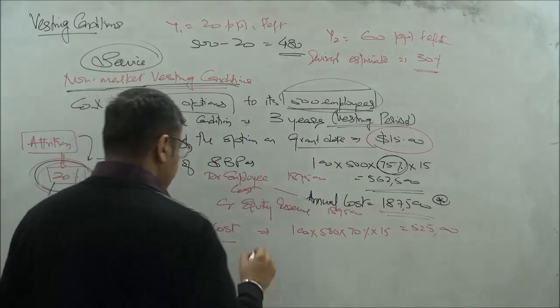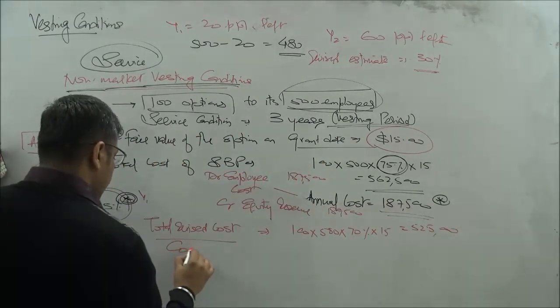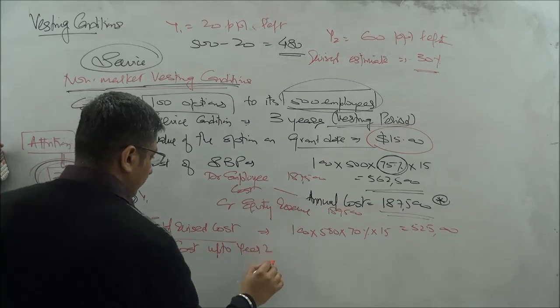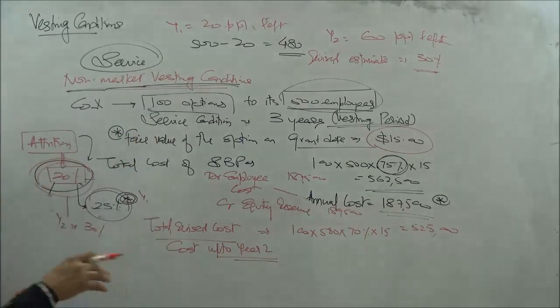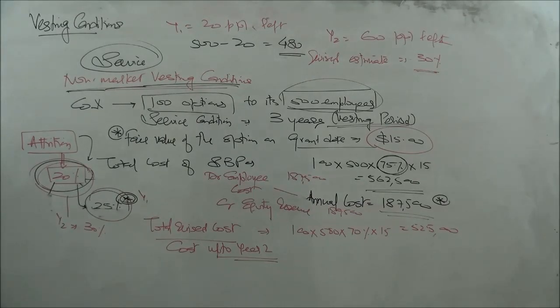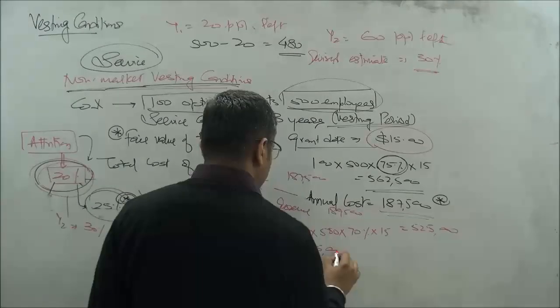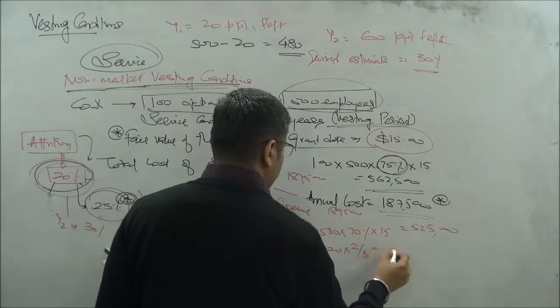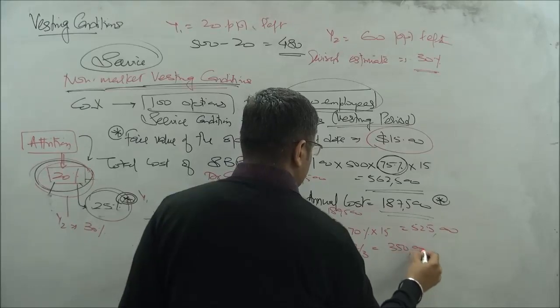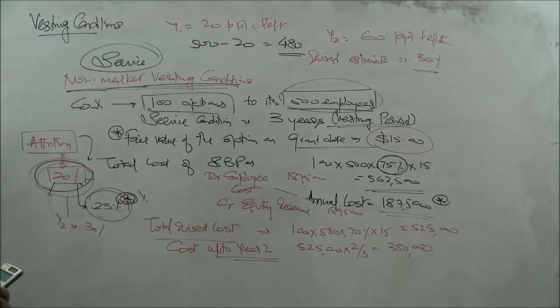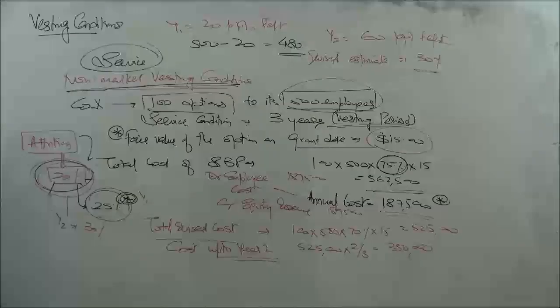525,000, which means that my cost up to year 2. Okay, since we are doing the calculation as on year 2, we are saying this should be 525,000 into 2 by 3, which comes at 350,000 now. Okay.